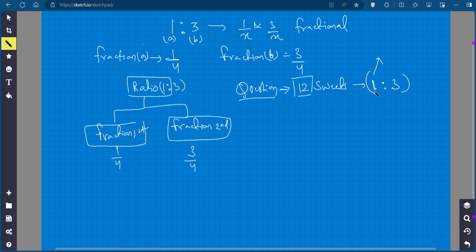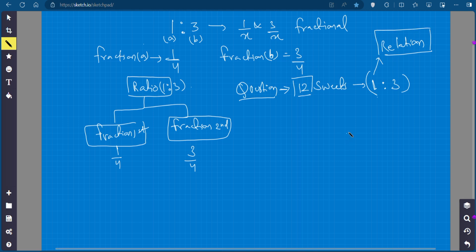1 here does not mean 1 laddu, or 3 laddus. It just tells you the allotment or distribution, because this is a ratio and it tells you the relation. Allotment is in fractions.